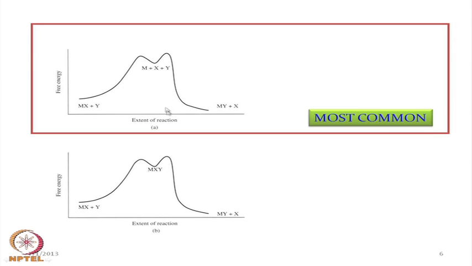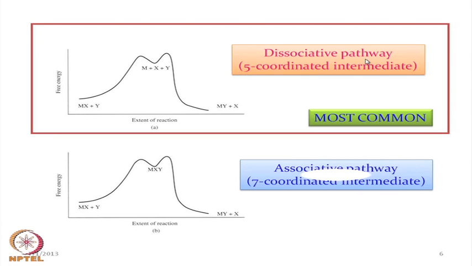The dissociative pathway is the most common one, where this ML5X is reacting with Y giving ML5Y plus X, and the 5 coordinate intermediate is there in this case. In the other case we have the 7 coordinated intermediate forming, which we have discussed so far, and the free energy and the path for the extent of reaction can also be monitored that way to find out the rate law.